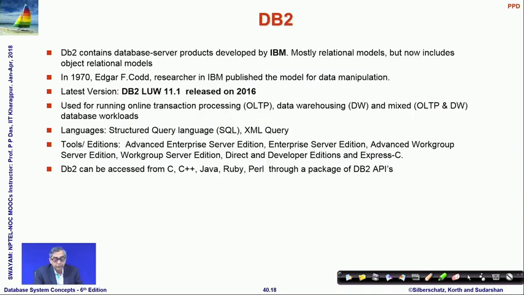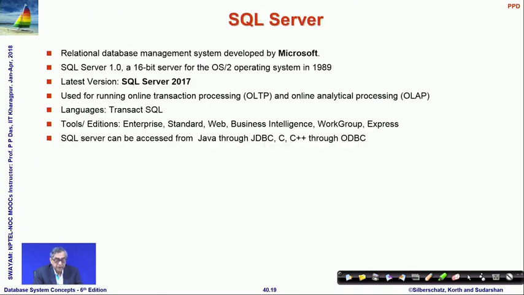DB2 is also a very old, possibly the oldest surviving database system, which started in 1970. That is when Codd, of the Boyce-Codd normal form, published the data manipulation schemes from IBM. So, this is also very widely used, with the last release in 2016.